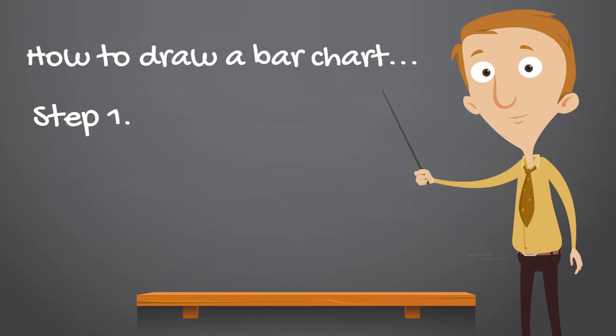Pause the video and write down, let's say 5 steps of how to draw a bar chart. And try not to forget any of the important features. Pause the video and try to write down the 5 steps. Go through the steps and see if you managed to mention all of them.